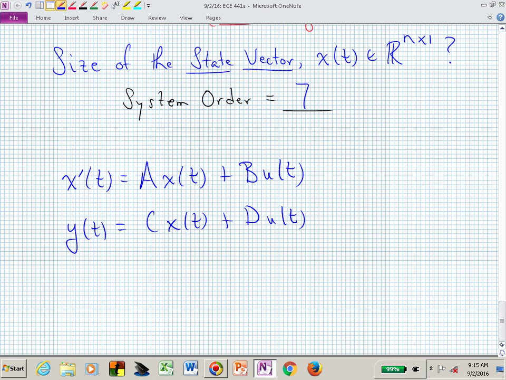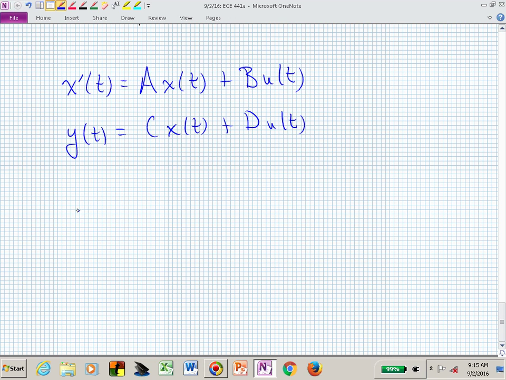And we just said that x, our state vector, has 7 coordinates, which means that it's this tall, thin vector, 7 rows tall, 1 column wide.